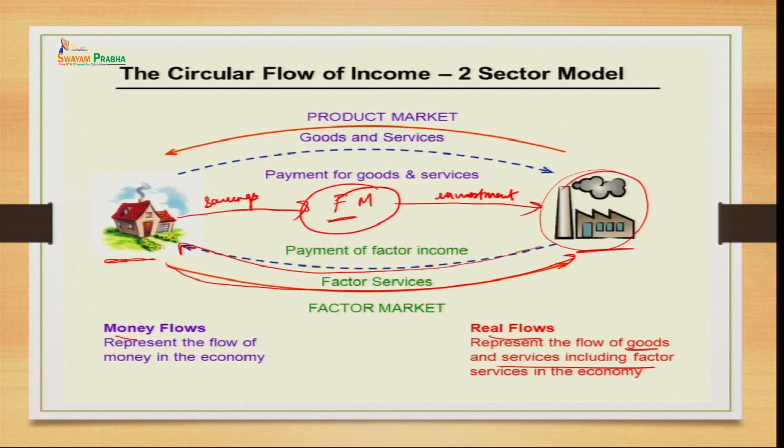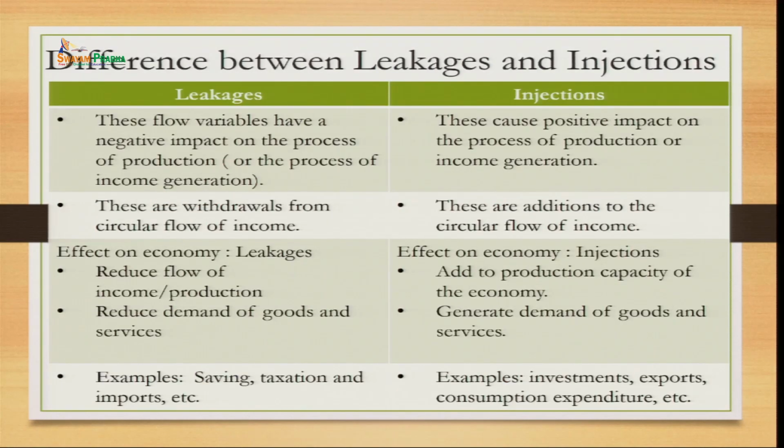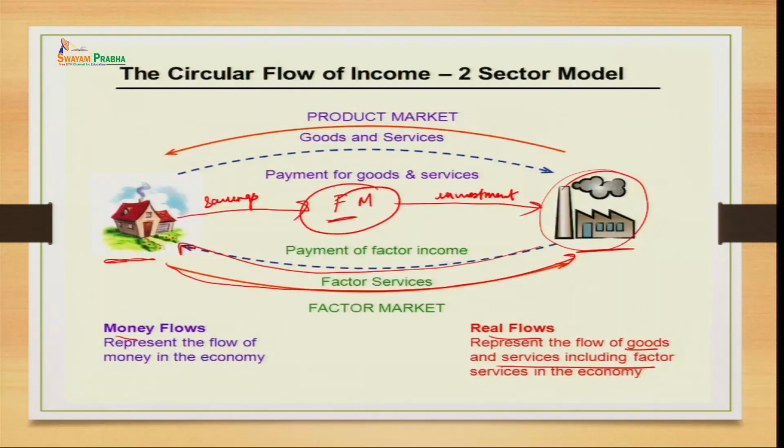So, moving ahead, we can also distinguish between leakages and injections. Let me go back to make you understand these leakages and injections: what we are calling a leakage and what term is being considered an injection. The money which we are taking out from the circular flow is termed a leakage, right.